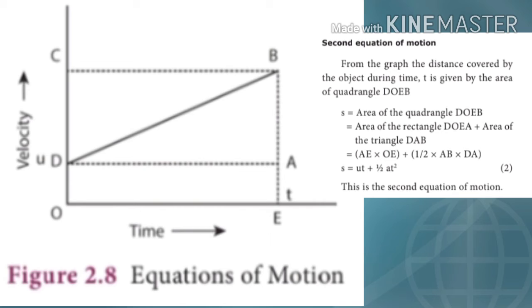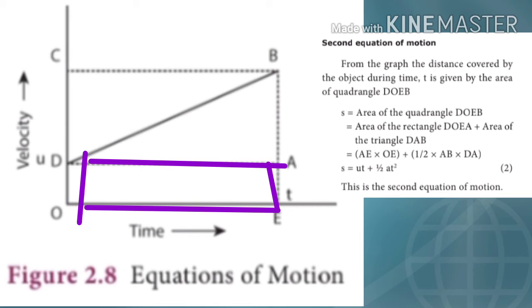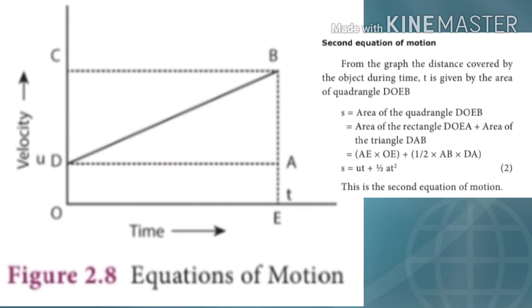So distance is measured in the letter s, which is equal to area of the rectangle DOEA plus area of the triangle DAB equal to AE into OE plus half into AB into DA. So s is equal to ut plus half at square. This is the second equation of motion. From this we are able to calculate the distance of an object.